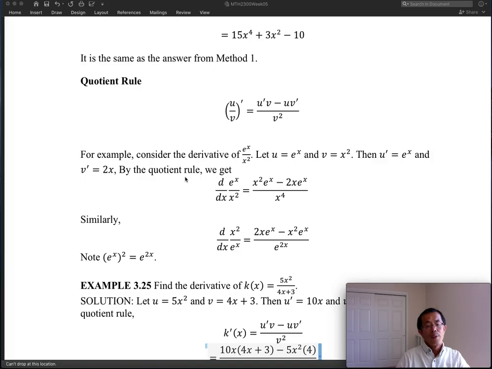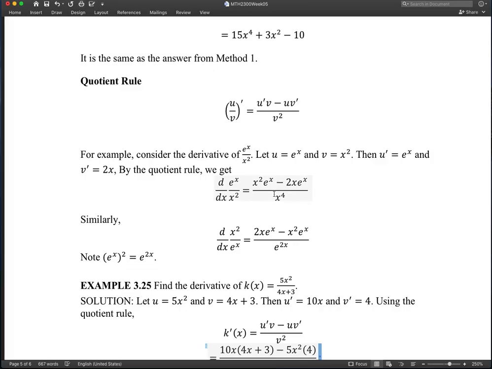And then using the quotient rule, the derivative of this quotient, plugging everything in for each notation, u prime v minus uv prime over x squared squared, that's x to the fourth. And actually, I say it should be better if I simplify it. Let me try to see if I can simplify this.